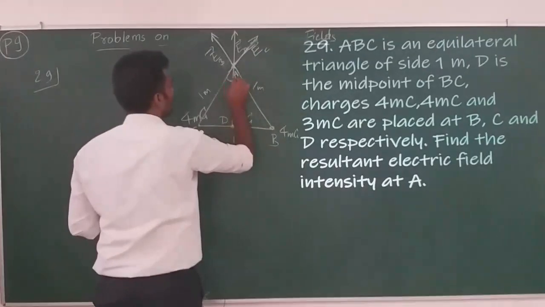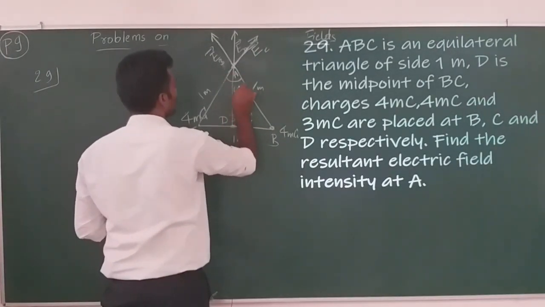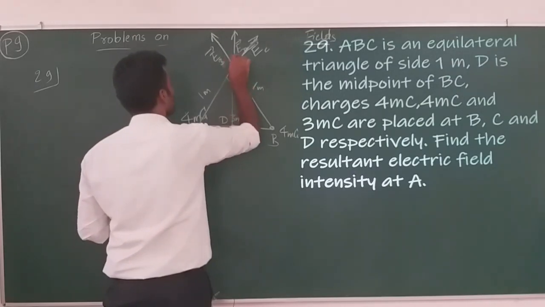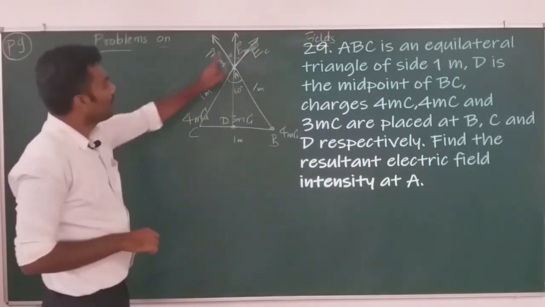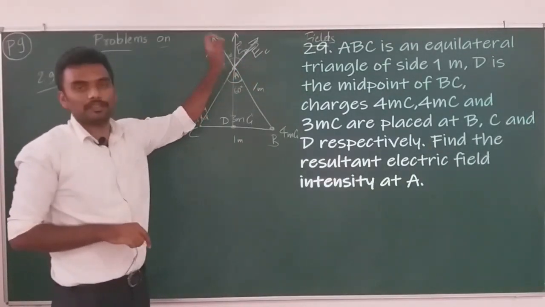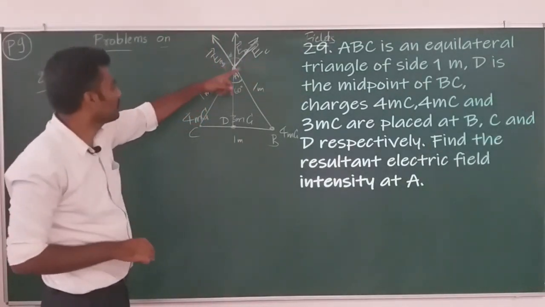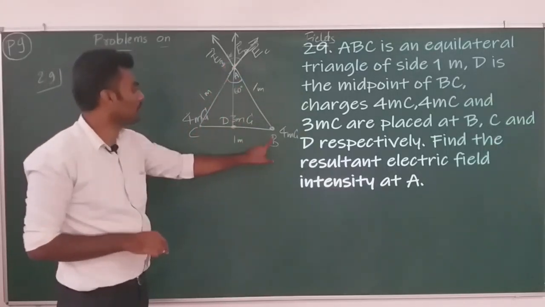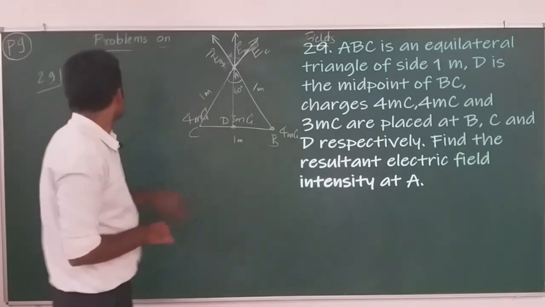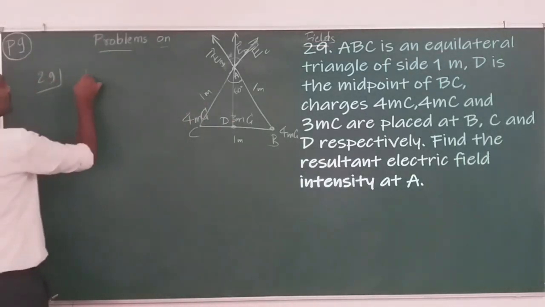Now, what is this angle? This angle is 60 degree. So this will also be 60 degree, right? And you find that EB is equal to EC. You can easily get to know about it because the distances of separation are the same and the charges are also the same, right? So before going into that, let me write it in a general form.